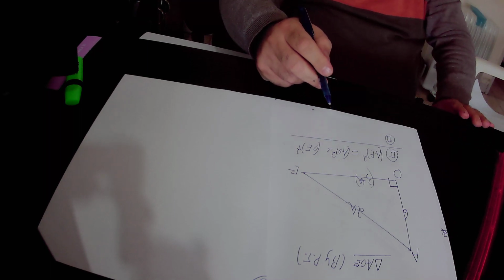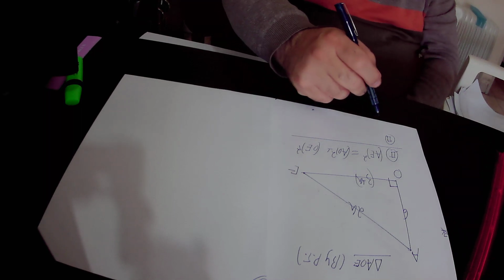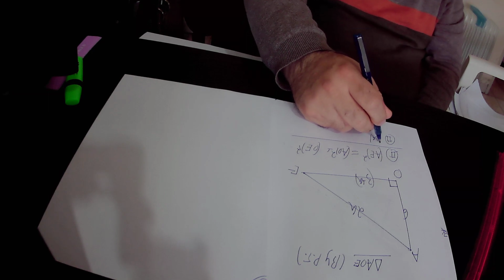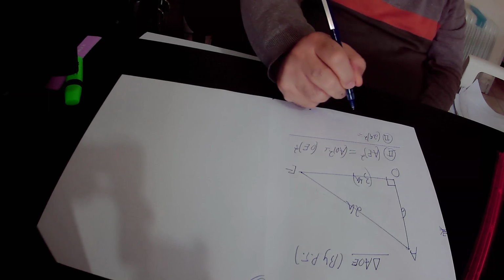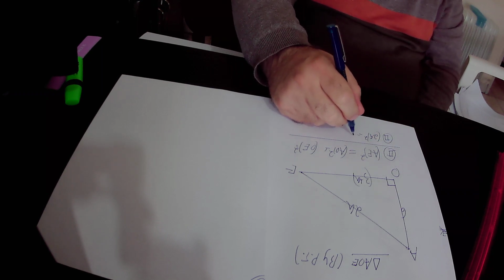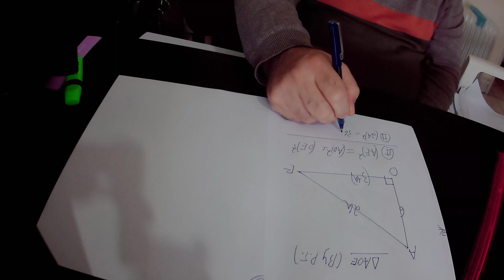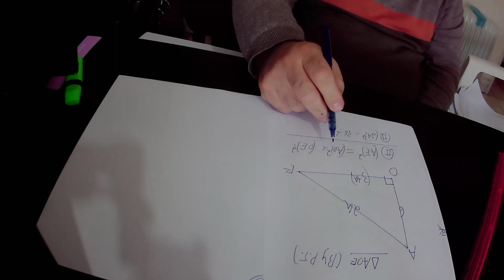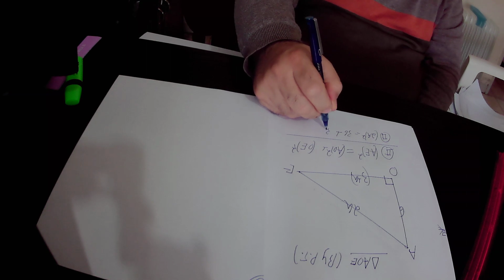AE equals 2a, therefore AE square is 2a squared, and it is equal to AO square. AO equals 6, so AO square is 6 squared, that is 36, plus OE square. OE equals 3 plus a, so OE square is (3 plus a) squared.